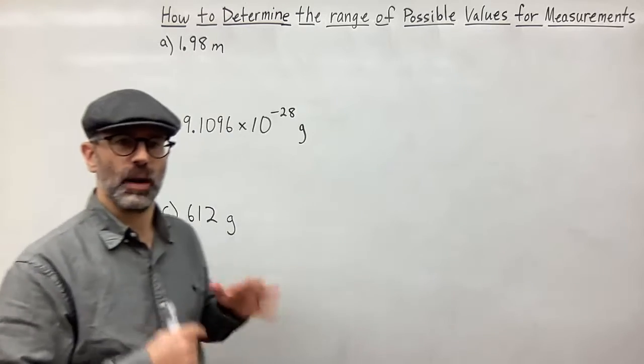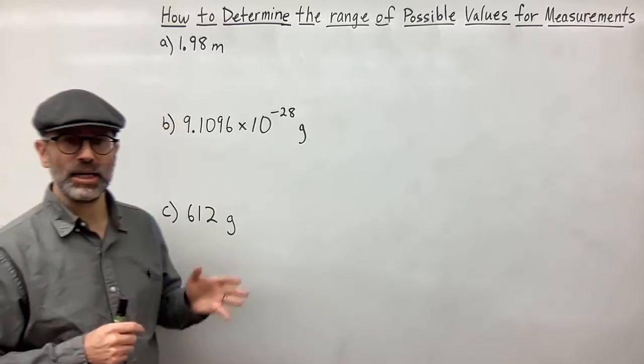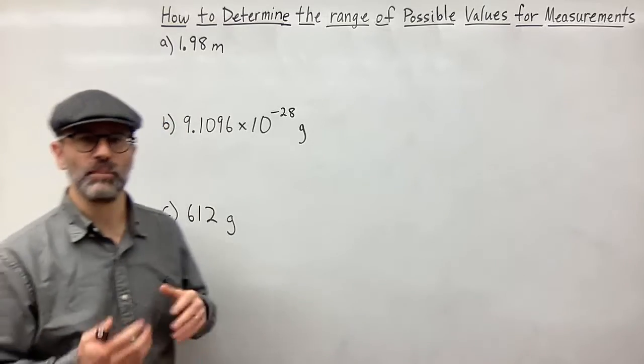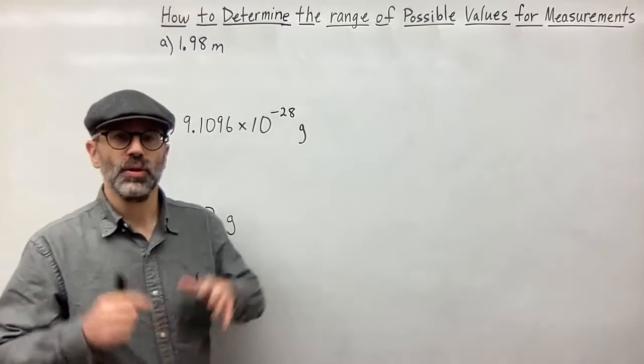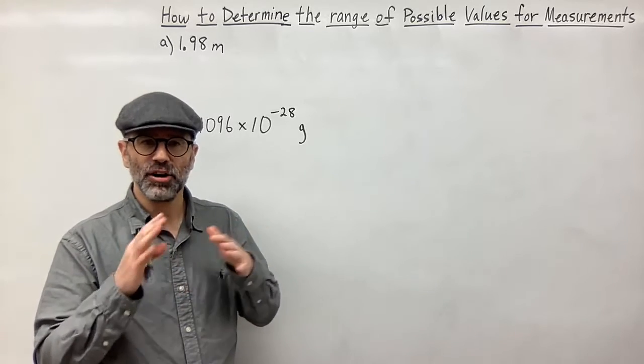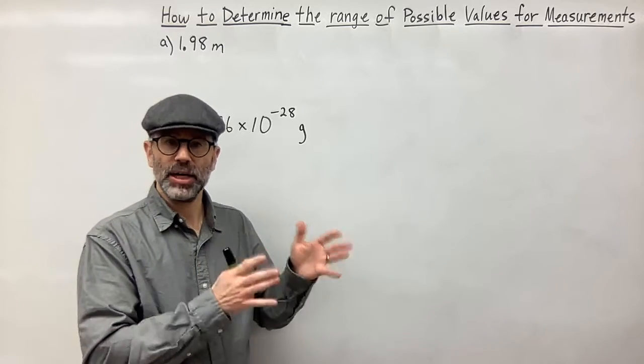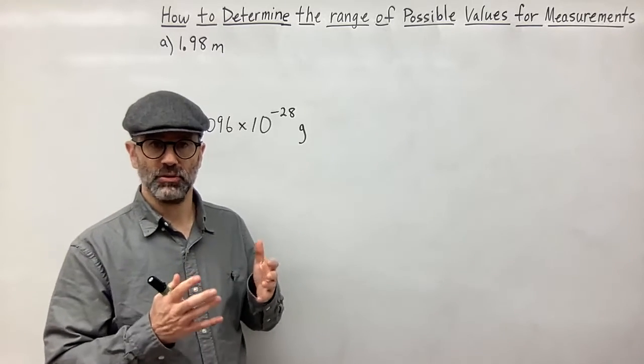So let's apply this. In A, we're given a measurement of 1.98 meters. There's going to be some uncertainty, some error involved in that measurement based on the measuring tool that you're using, right?